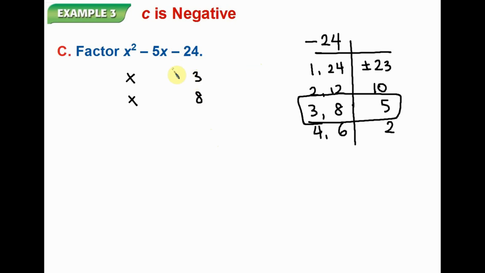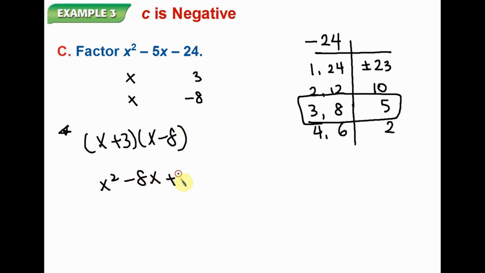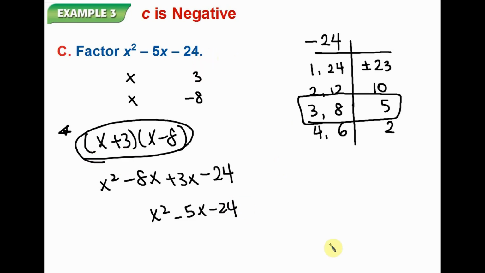So in here, if I put it on this side instead, 3 plus negative 8 will become negative 5, and that's how I know x plus 3 times x minus 8 will be the factor form of this expression. If you distribute, I will get x squared minus 8x plus 3x minus 24. Thus, x squared minus 5x minus 24, and this is the expression that you started with.